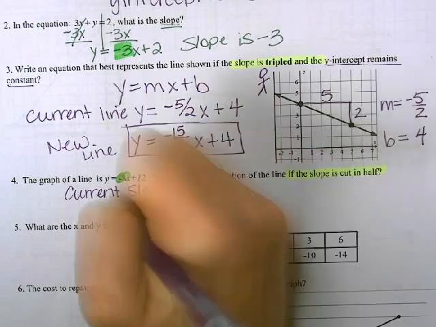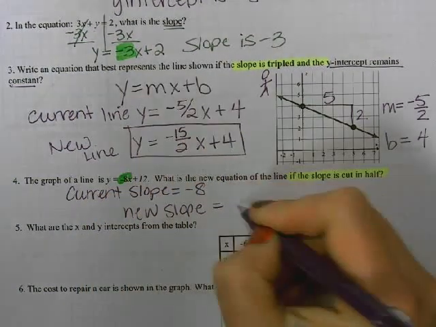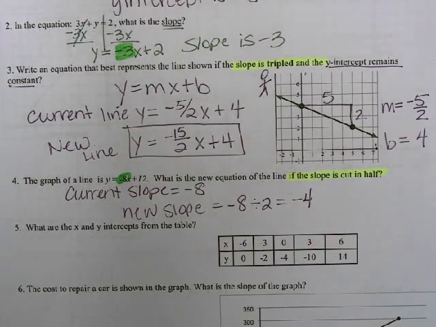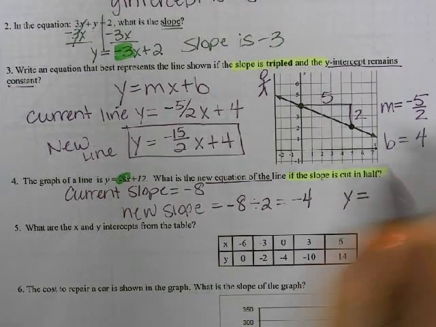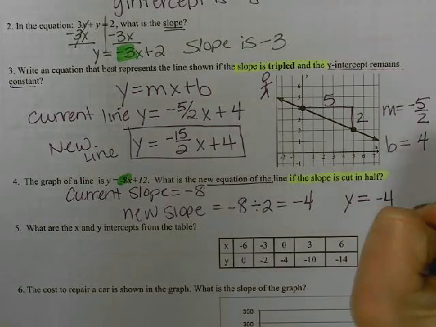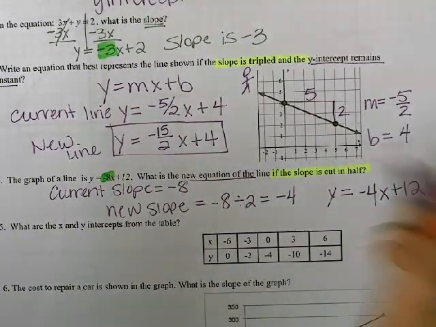And if I want to cut it in half, the new slope is going to be negative 8 divided by 2, which is negative 4. So it says, what is the new equation? So the new equation is y equals, instead of the negative 8, I'm going to put negative 4, x plus 12. Everything else stays exactly the same.